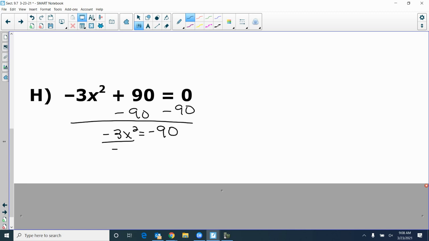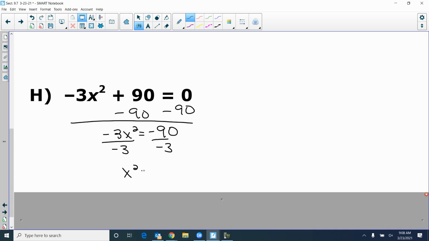I'm going to divide by negative 3. On the other side, when we divided by a number, we left it as a fraction because it didn't come out nice. Go ahead and divide this. If you know what it is in your head, fine, but if not, at least try it. What is negative 90 divided by negative 3? Jordan? It's going to be a whole number. It's going to be 30.